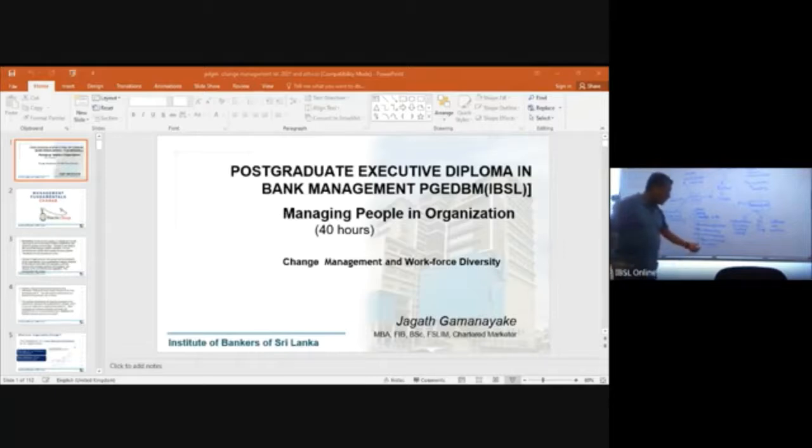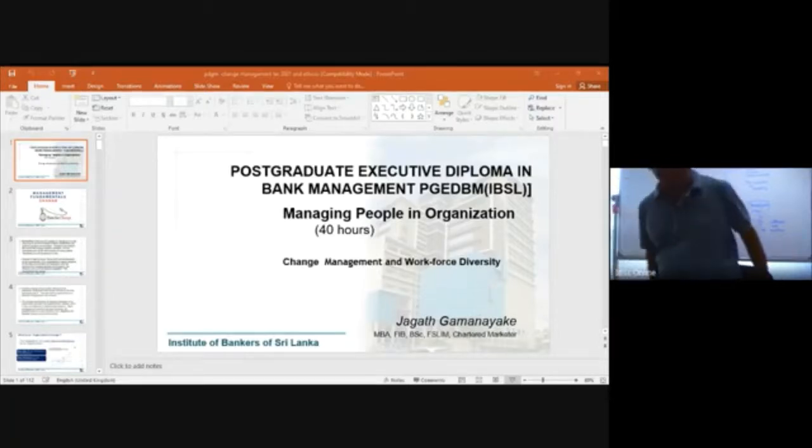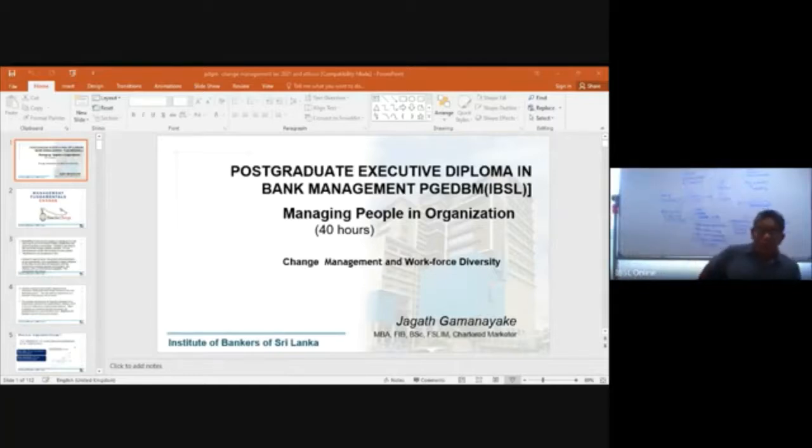Low tolerance to change means they look at the present security of the job and instability, and also different assessment of the situation. That means you evaluate the new change and assess how good and how bad this change is for you, and then based on that you take a decision. Now that is the reason for change.